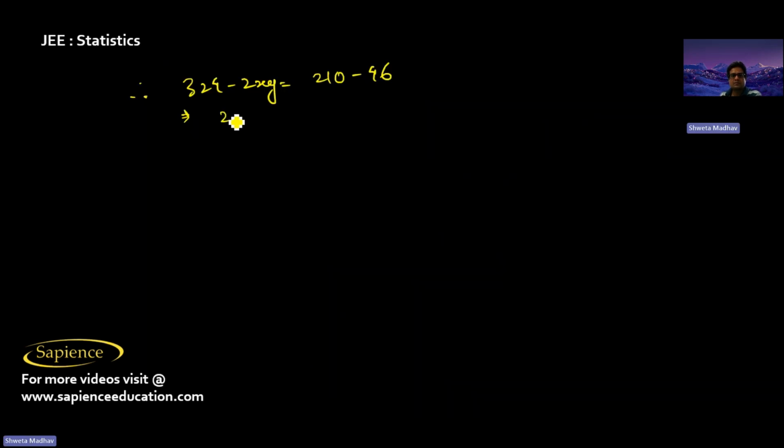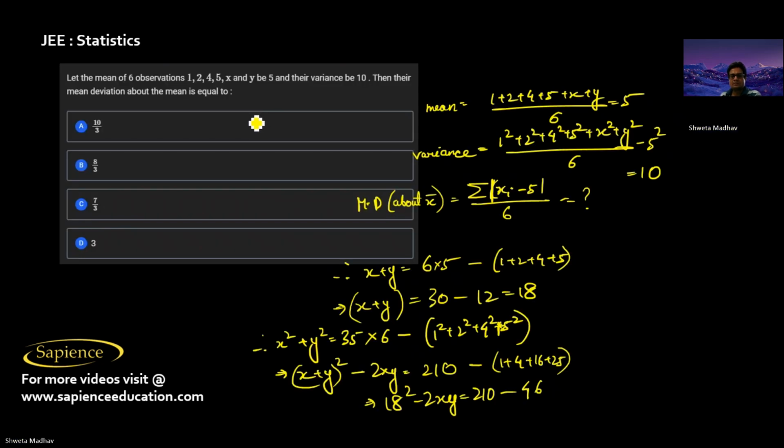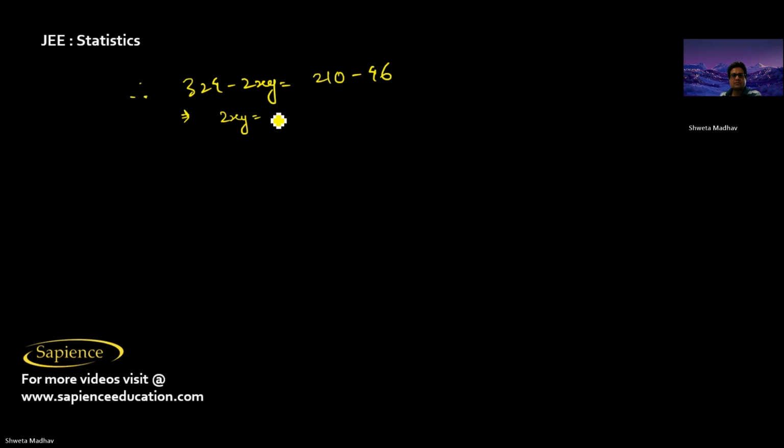Therefore 2xy will be equal to 324 minus 210 plus 46. That will be 114 plus 46. So that is 160.